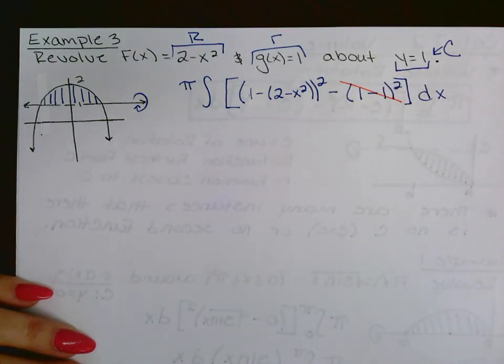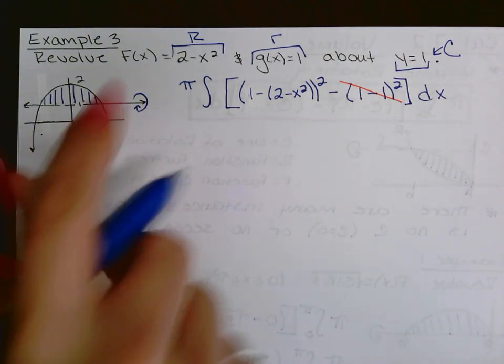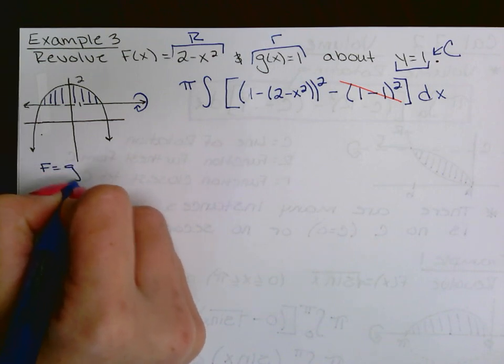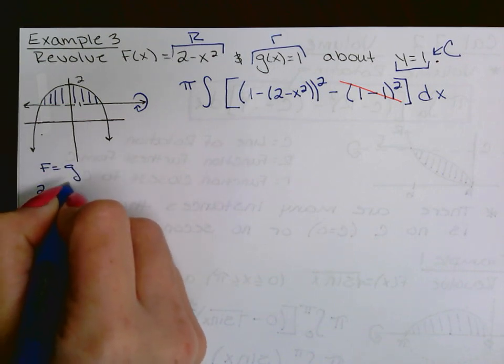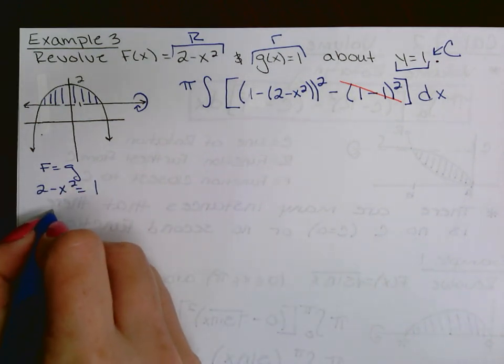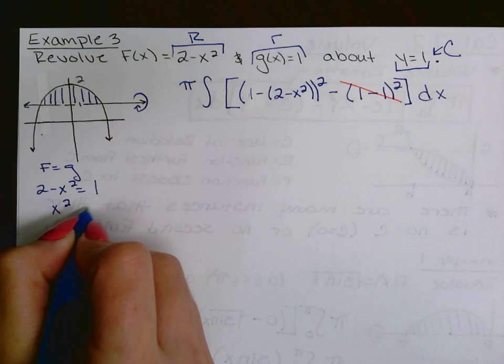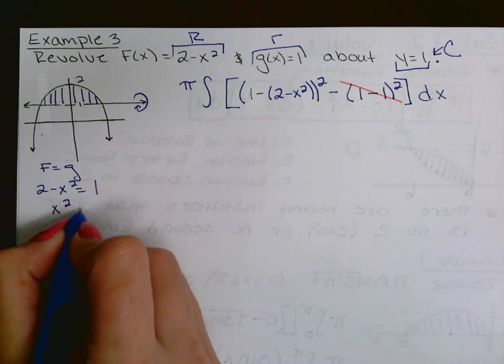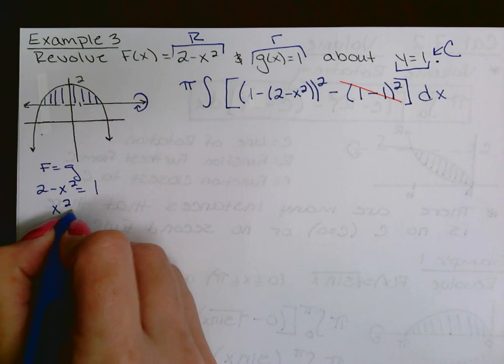Now let's take a moment and find where they intersect. If I want to know where they intersect, I set them equal to each other. Move everything to one side. So I'm going to move the x squared to the right. And then I have 1 minus 2. It should give me minus 1.